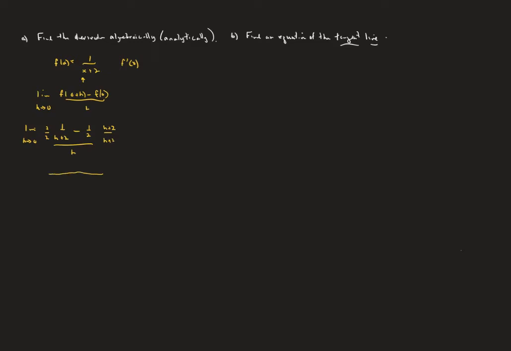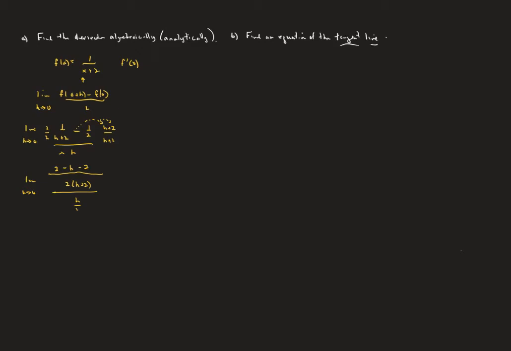So we're going to get a common denominator of 2 times h plus 2, and then we're going to get 2 minus, remember this minus has to distribute, so that's going to be a minus h minus 2. There's our common denominator, and we still have that all over h. And we're still going to take the limit as h goes to 0.